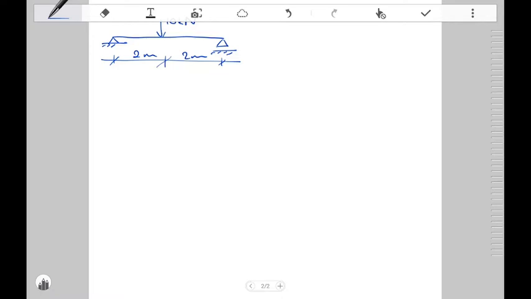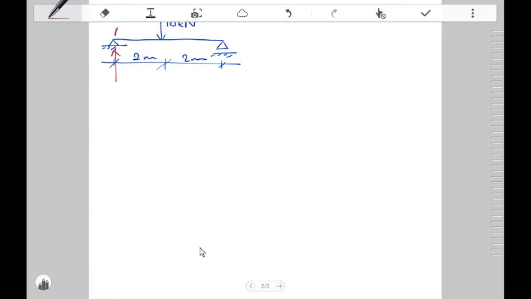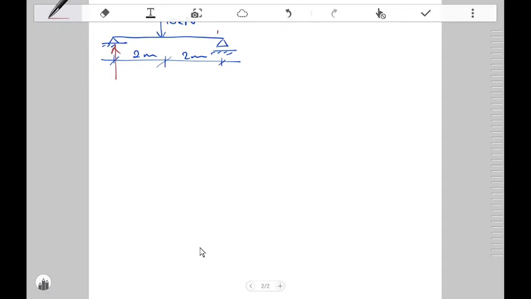So one unknown is this support reaction, because remember that we define a pin support. We say that this point cannot move in x and y directions, and it's supported by this pin support, and we have 2 reaction forces here. Let's call it A and B here.